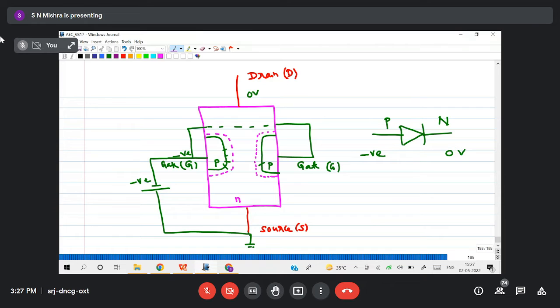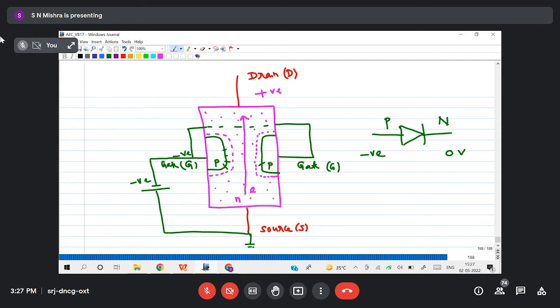Okay. Now I'll increase the positive voltage here: 1 volt, 2 volt, 3 volt, like that. So electrons are available in the channel. Why am I calling it a channel? Because channel means it is the mode of transfer. That means from here to here the electrons are moving.